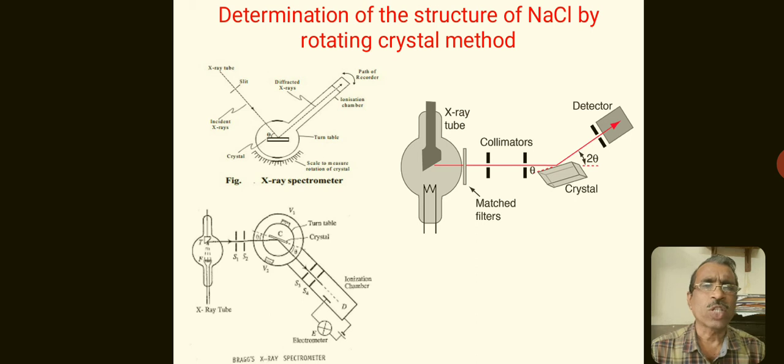The X-ray tube is where X-rays are produced, and they pass through filters and then strike a crystal, where they undergo reflection, and in the detector we can see the reflected ray. Based on this angle, we can find out the nature or the type of the crystal.